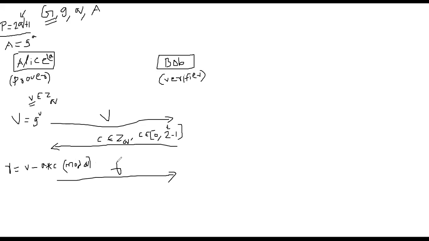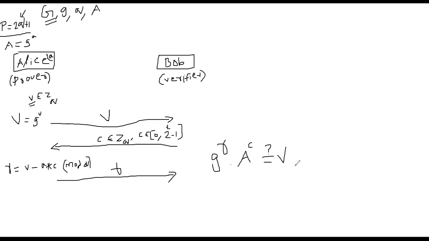Okay, what will Bob do with R? Bob takes the R and is going to compute G power R. He multiplies it with capital A, which is publicly known, with his small c that he picked, and he's going to check whether this is equal to the capital V. Okay, why is this enough?